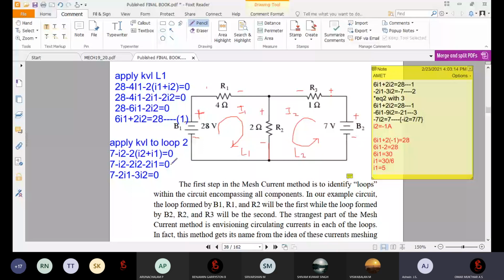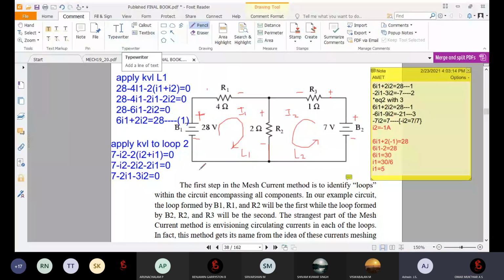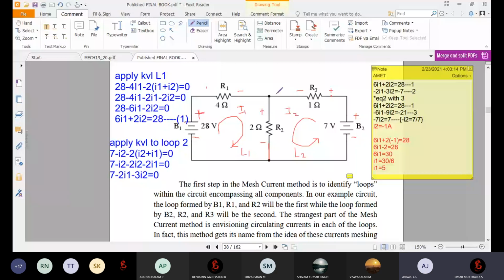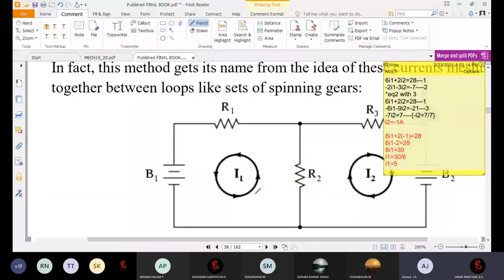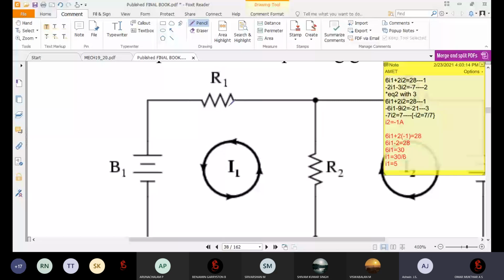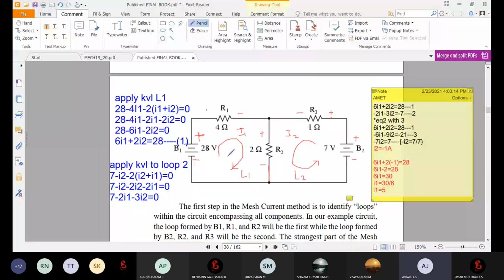Yes sir, now this is clear. But I2 and I1, if the 2 is very small it will be easy to understand, so it should be written smaller. Actually you have to write I suffix 1, I suffix 2, like this, so the 1 is small and you can make the difference.